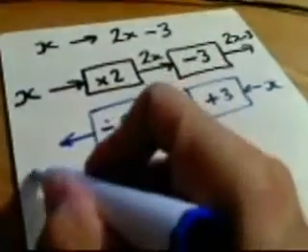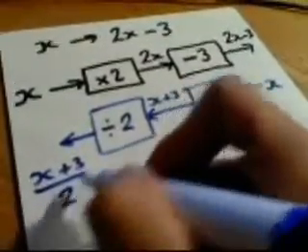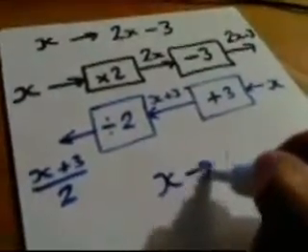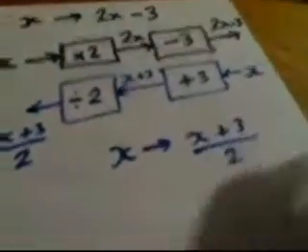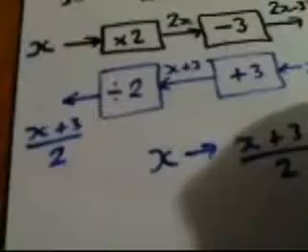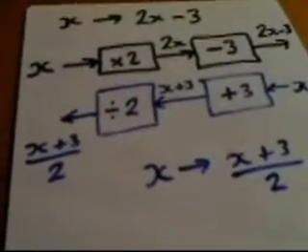So this would be written as x plus 3 divided by 2. So our inverse function will be written as x plus 3 divided by 2. So map out the function, and then just map the inverse functions back across to the start.